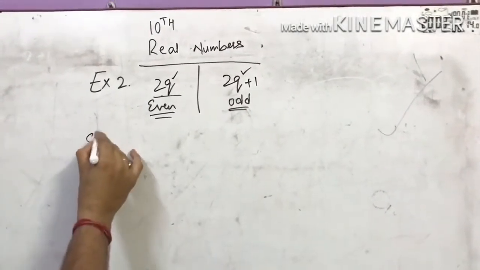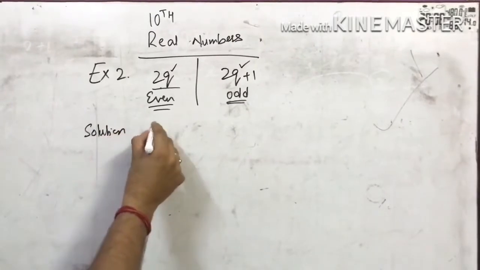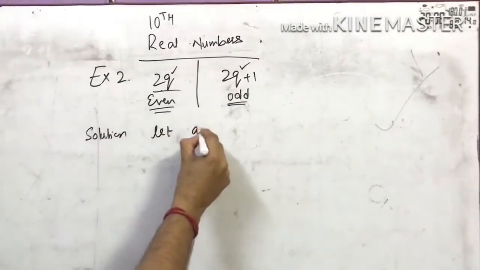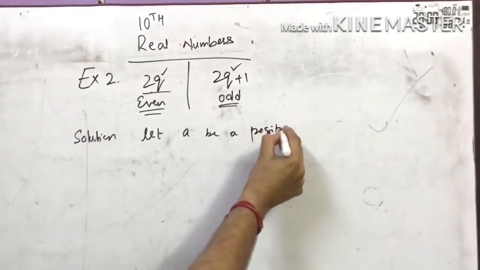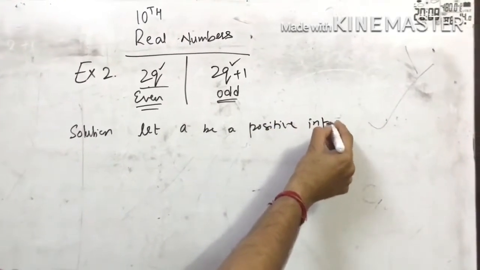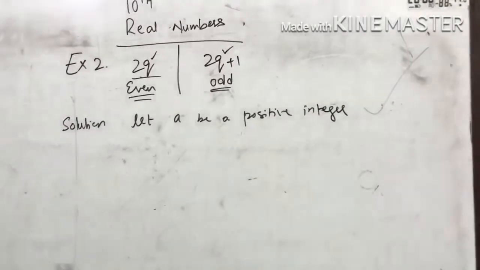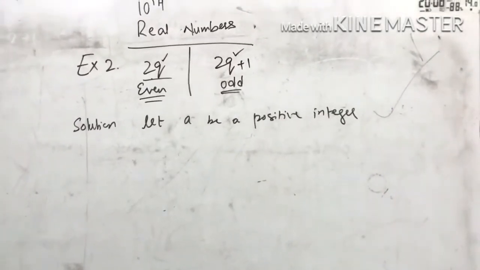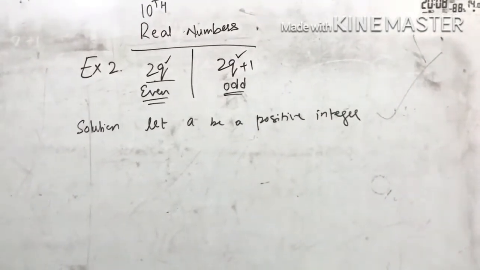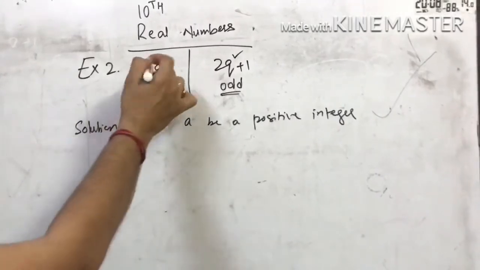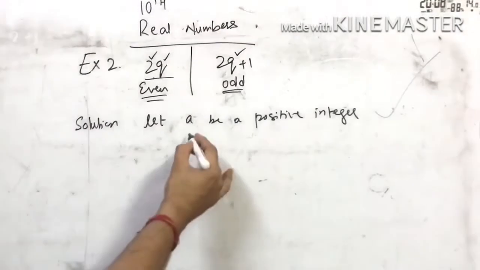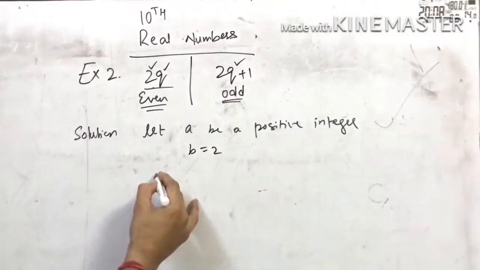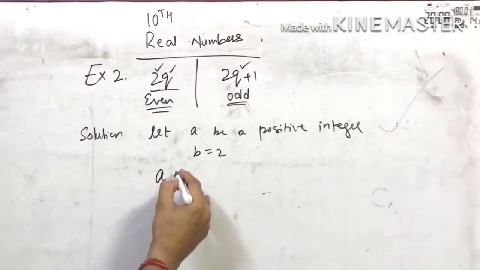So for solution, you take let a be a positive integer. Consider a as a positive integer. Now you have given 2 here, so take it as b. So b will be 2. So by Euclid division lemma, what will be the condition?